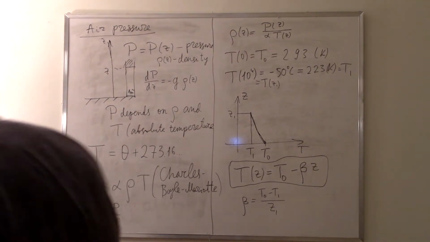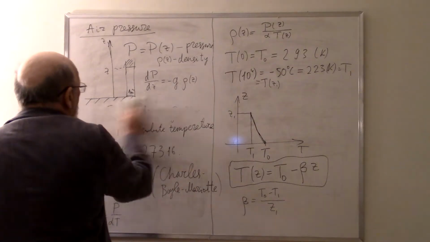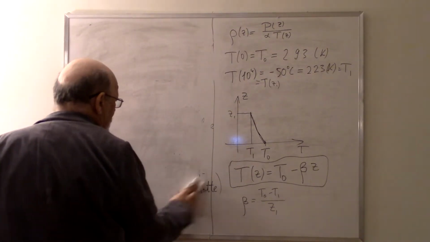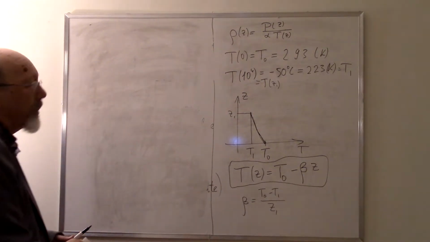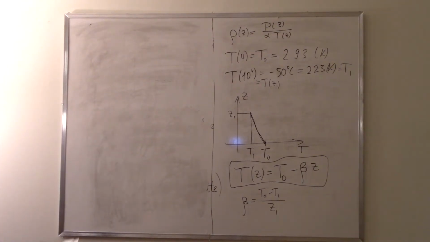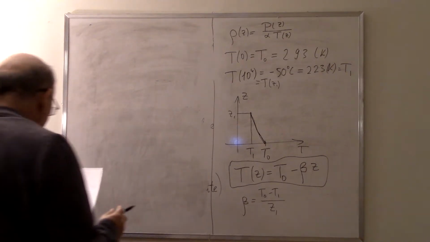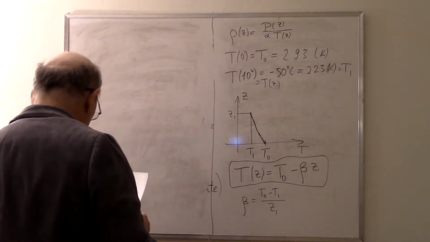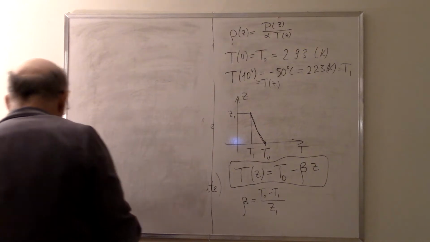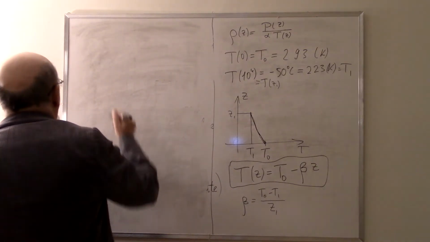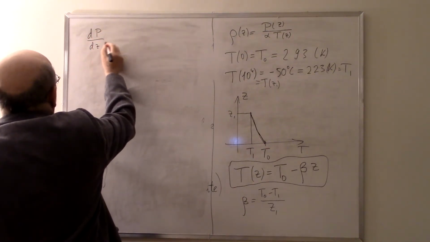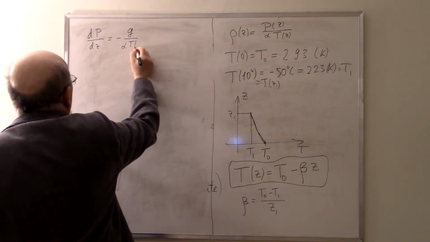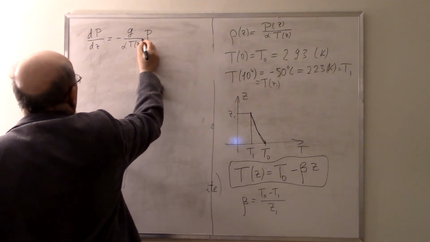And so our equation is dP dz equals minus G over alpha T of Z times P. And T of Z is here.